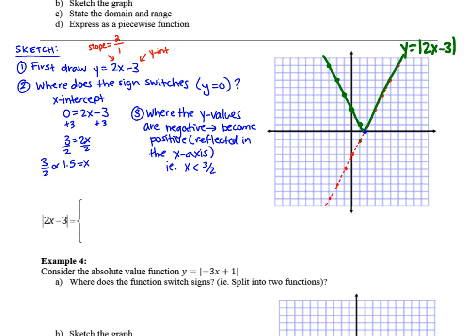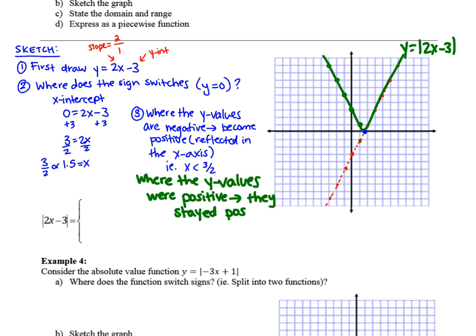I'll write one more note. Where the y values were positive, they stayed the same. They stayed positive, and that was when x was greater than or equal to 3/2.